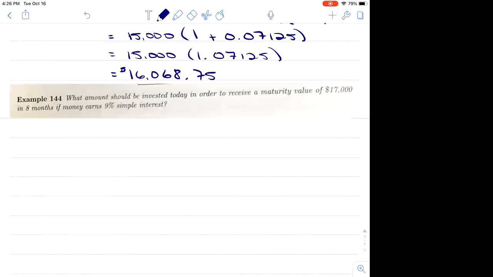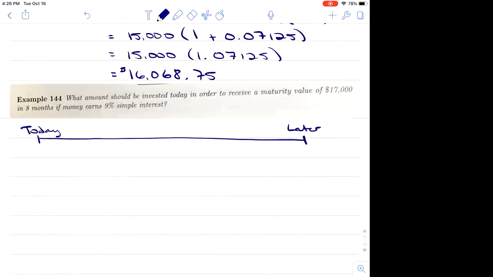So at the end, we have to have 17,000. Now we're working backwards to find the principal amount. I'll show you how to show that on our timeline. So we start drawing our timeline: today and then later. You can call it the maturity date if you want, or because there are no dates attached, we can name them whatever we want.